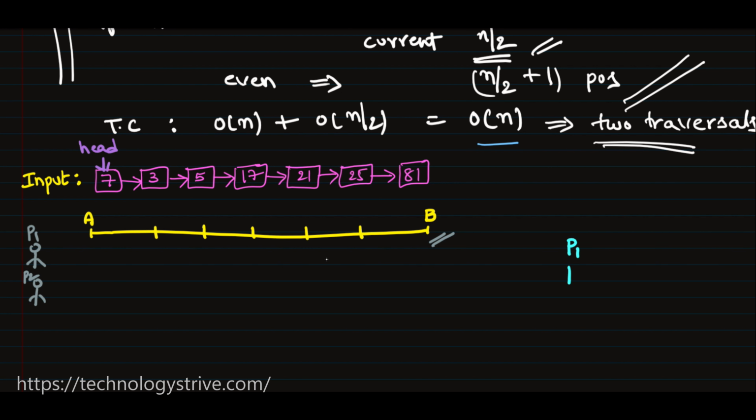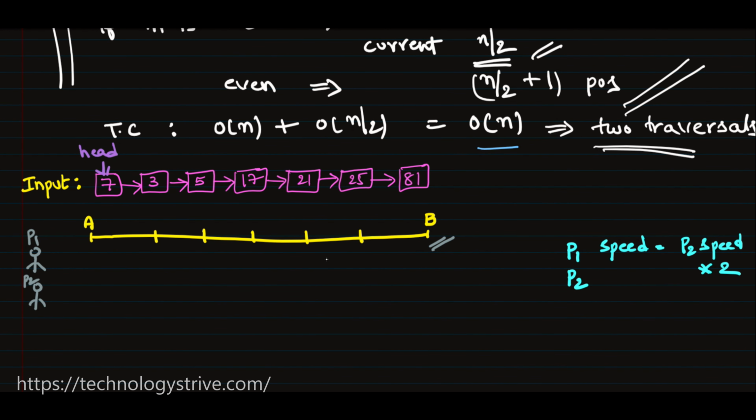Here P1 and P2 speeds are different. Let's assume that P1's speed is double P2's speed. So P1 speed equals 2 and P2 speed equals 1. They both start at the same time at the starting point A. What is the distance covered?